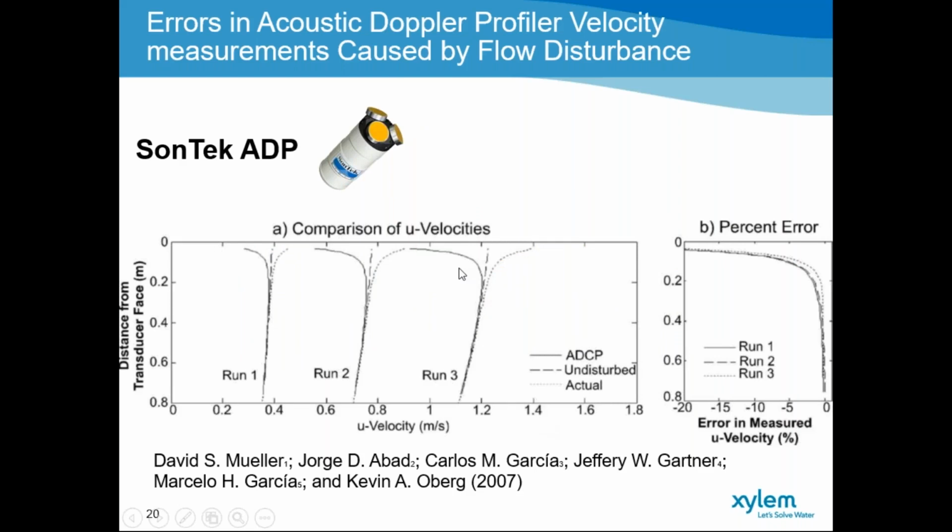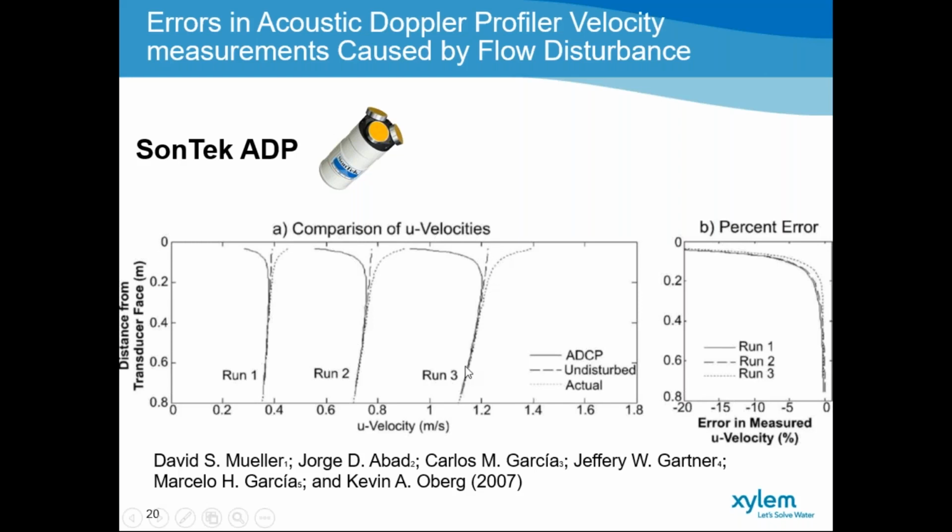By the time of this research, the SonTek ADP was analyzed, and you will see here the graphical representation is the acoustic mode. The solid line on this side is the actual acoustic Doppler current profiler measurements performed by the SonTek ADP, and the dashed line on the right hand side is the actual measurements developed from both the ADV measurements as well as the CFD model.